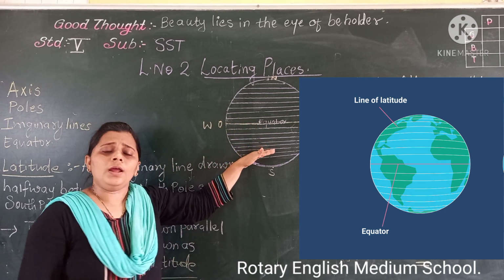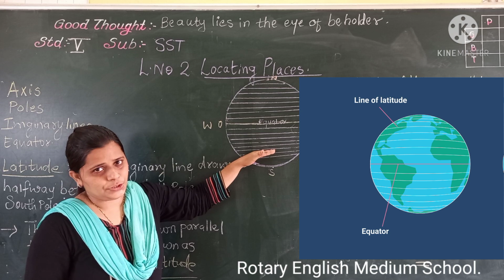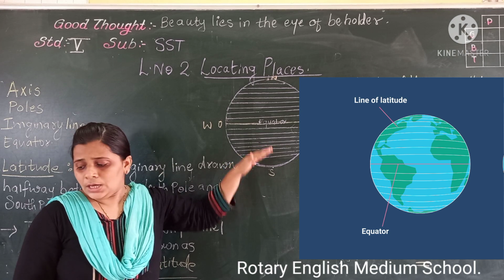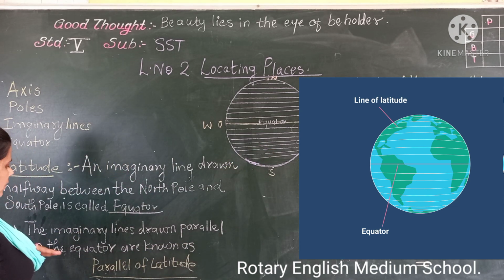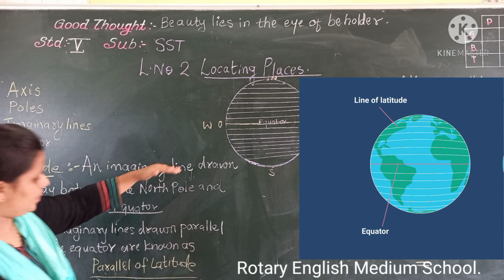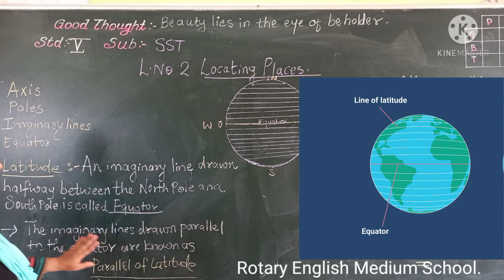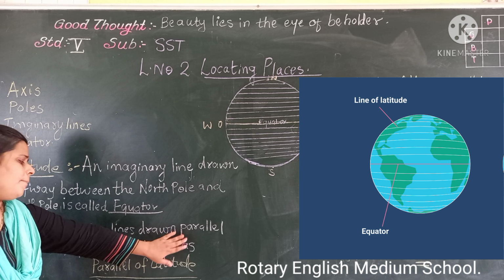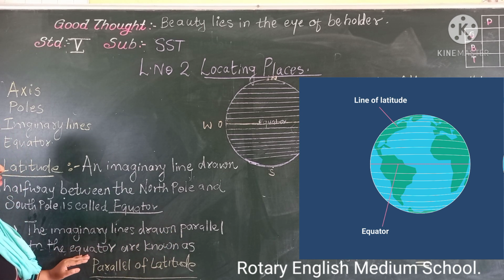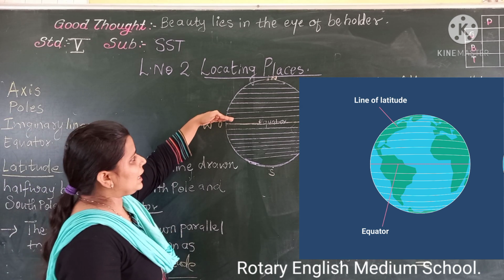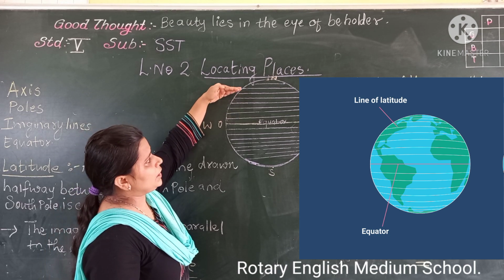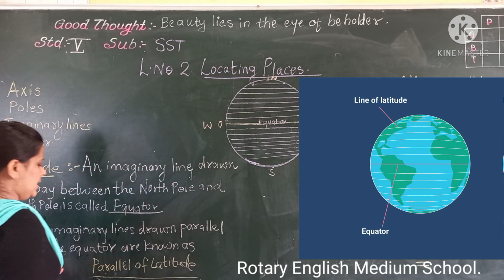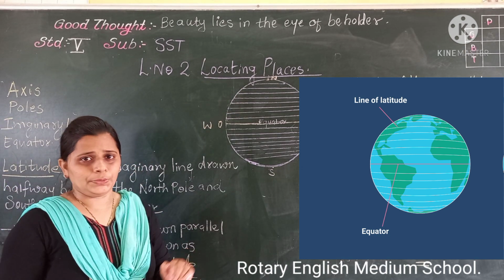So what are parallels of latitude? Imaginary lines drawn parallel to the equator. You can see here imaginary lines drawn parallel to the equator, and that is known as parallels of latitude.